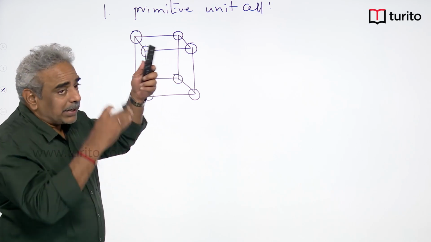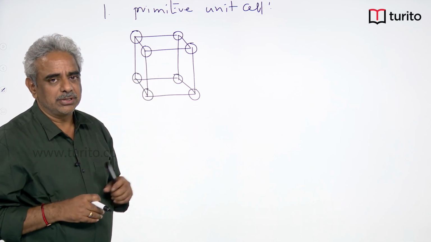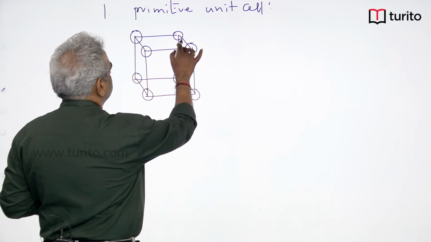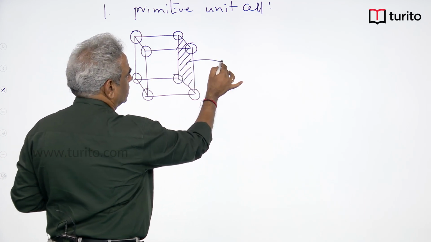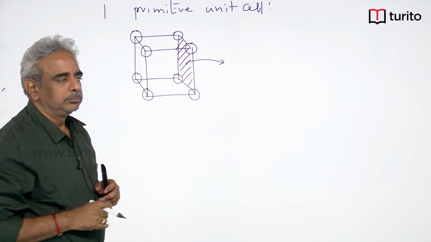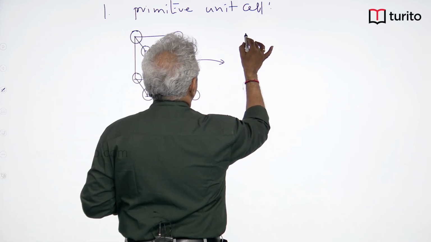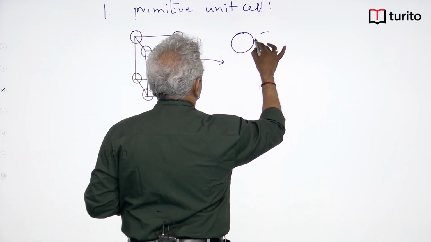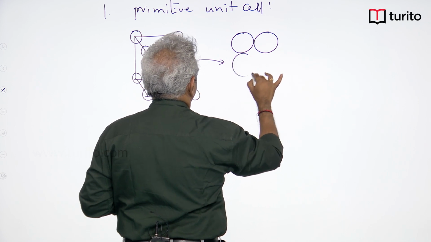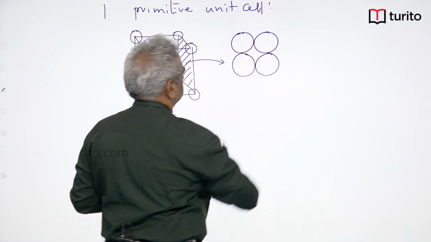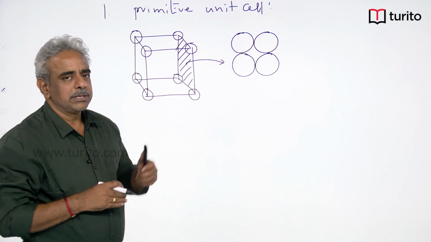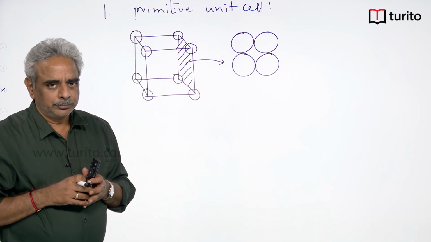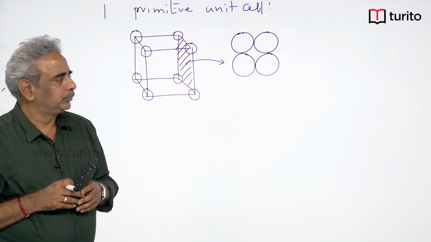So actually in the crystal, how do they exist? I will just draw this face outside, and this I will draw outside. It looks like this. So, this we have only broadened like this in order to understand the structure clearly.